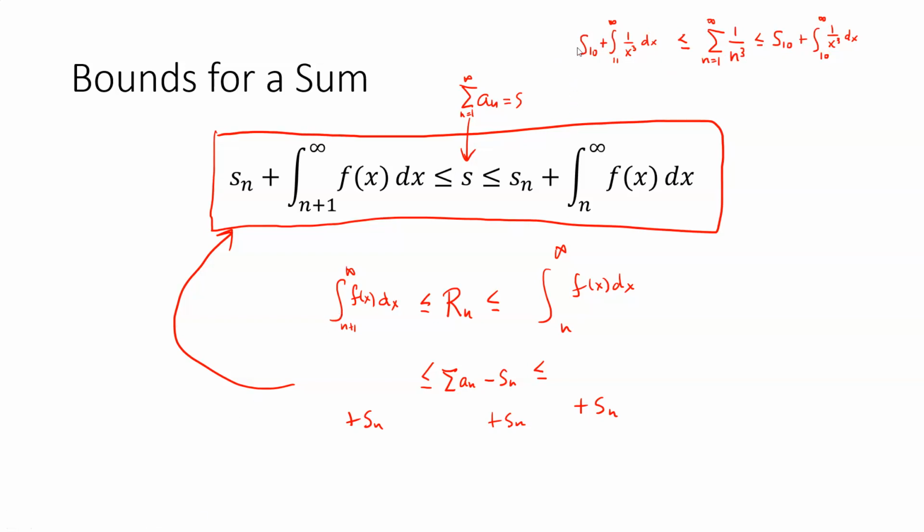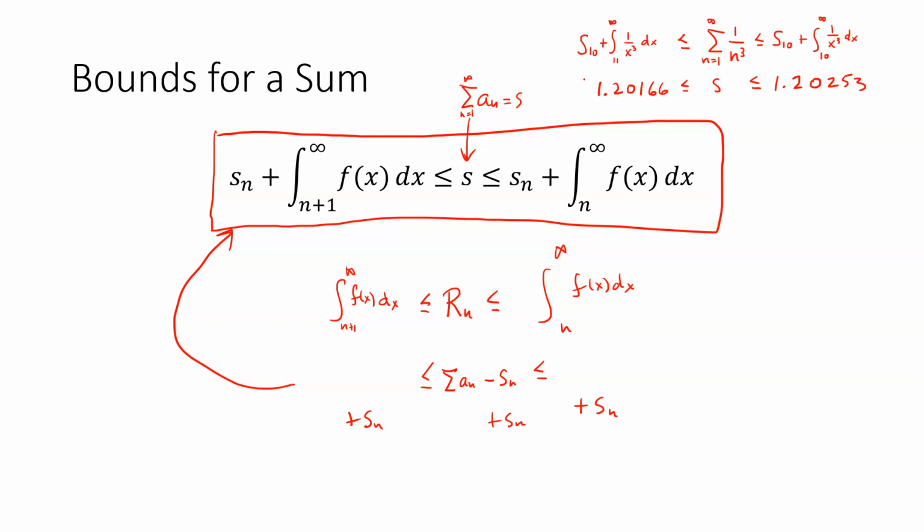So using the values that we had from the previous slide for S10 and for this integral, that gives us here a lower bound of something around 1.20166, and then an upper bound taking the partial sum S10 plus this upper bound, which was 0.005, we have 1.20253 roughly.